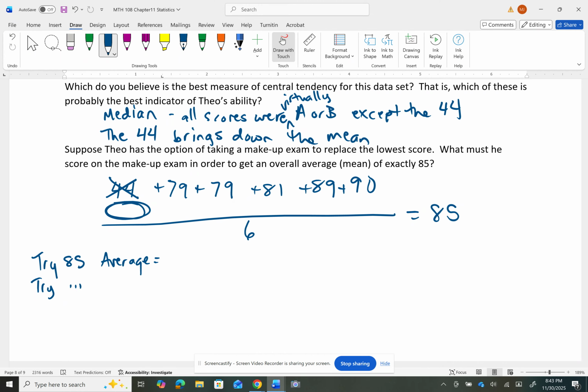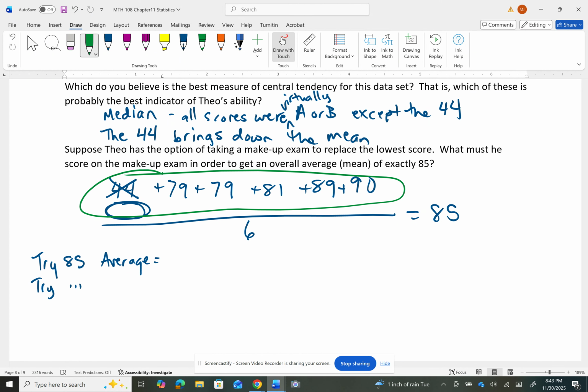The other thing you could do is you could think about how all of these right here would need to add up to be, if I multiplied by 6 to get rid of that 6, then all of these scores, plus all the ones other than that 44, would have to add up to be what an 85 times 6 is, which is 510.